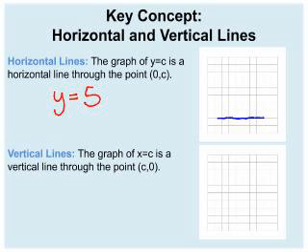So again, I'm going to draw in my 0, 0, my origin, and I have a horizontal line at 5. So here's 5, so I'm going to have a horizontal line here. And that is y equals 5.